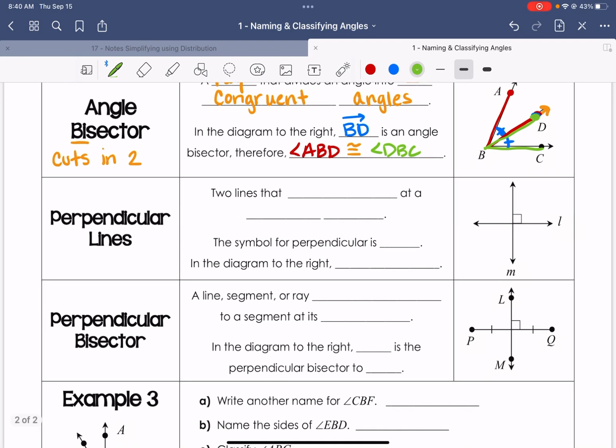Perpendicular lines, you learned this in Algebra 1. Perpendicular lines are two lines that intersect. You probably learned this in middle school too. Intersect at a right angle.